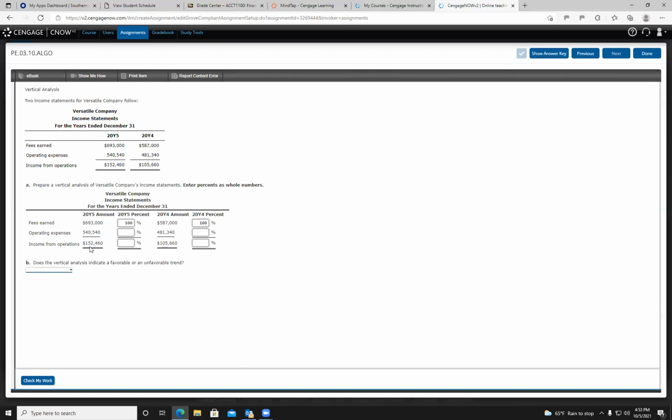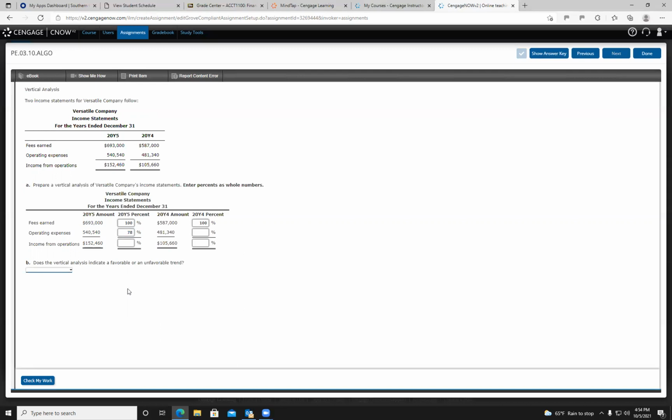You start by taking this first one right here, 540,000, and divide it by your total fees earned. Then to get the percentage, you just multiply it by 100, and that's going to tell us 78%.